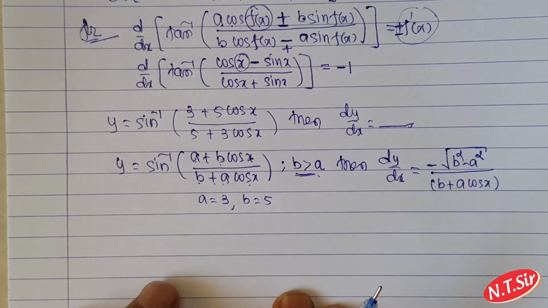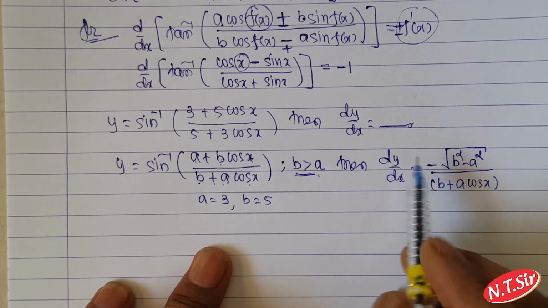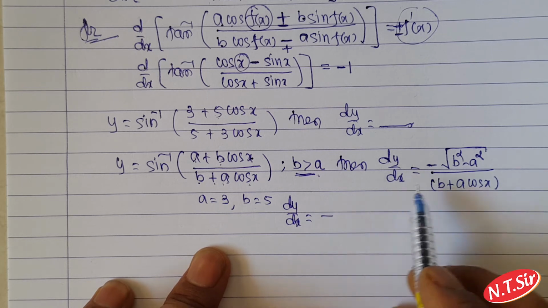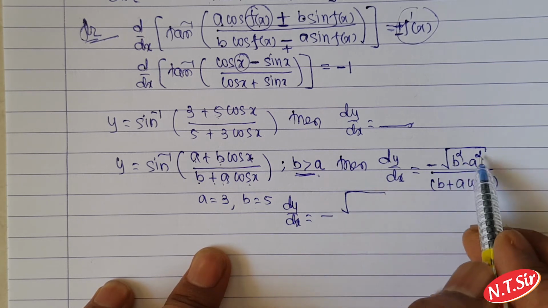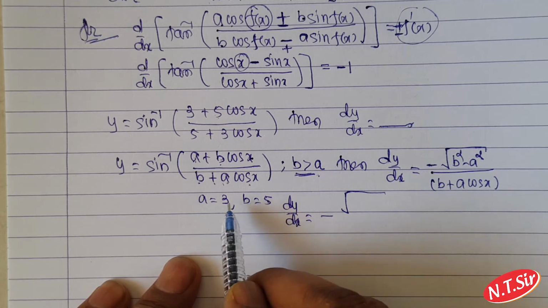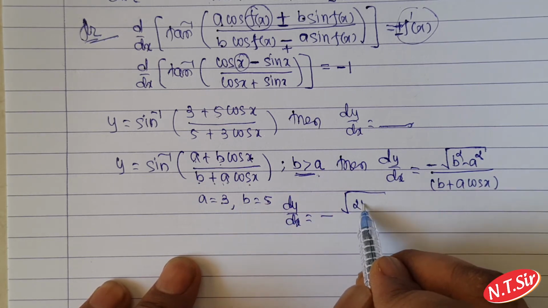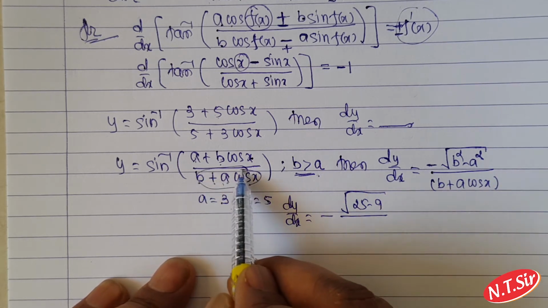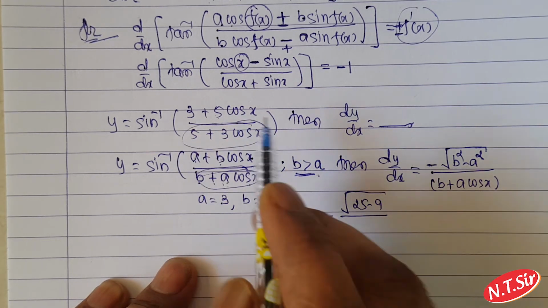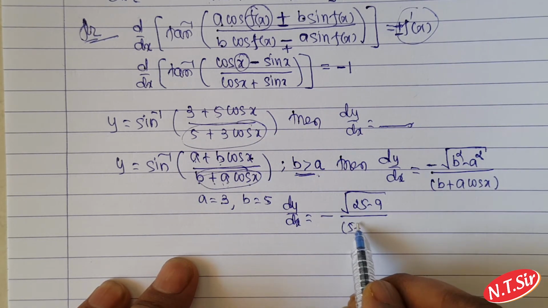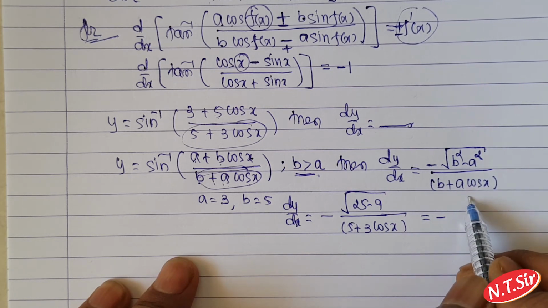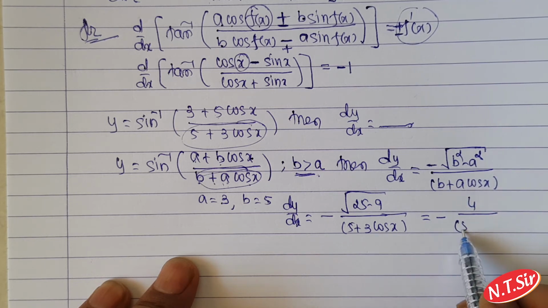So dy by dx is equal to minus root b square minus a square, that is 25 minus 9, whole upon b plus a cos x, that is the denominator 5 plus 3 cos x as it is. So your answer will be minus 4 upon 5 plus 3 cos x.